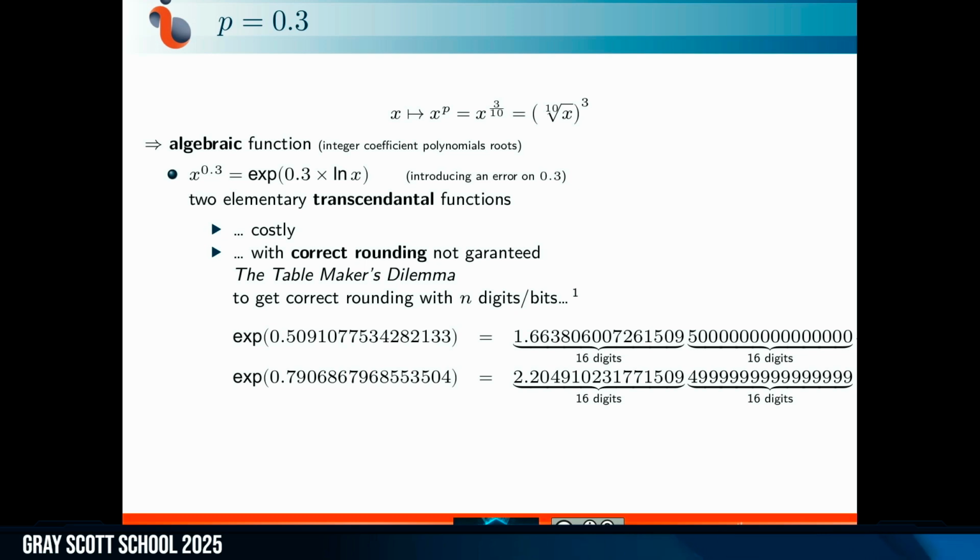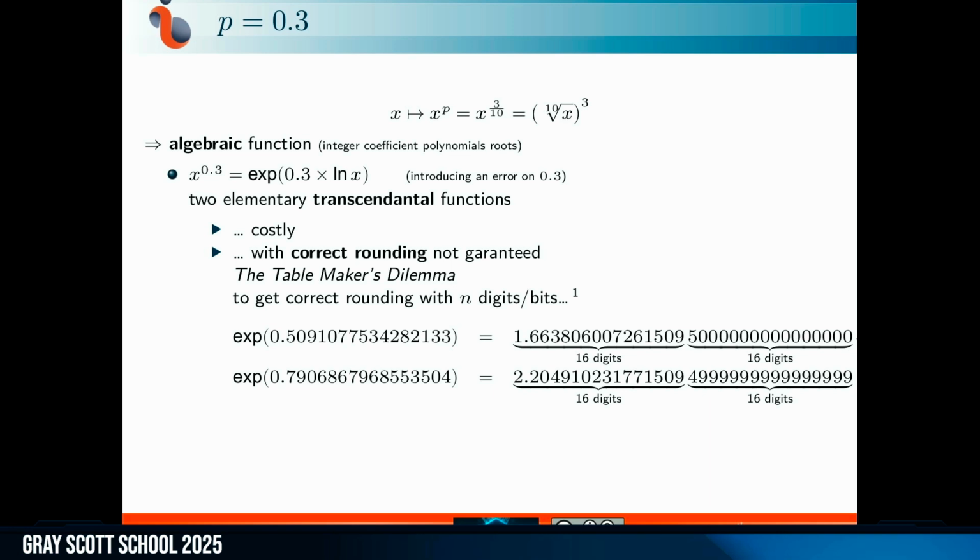They simulated that p equals 0.3 was the best value to reproduce their fit. So 0.3 is a good number for us humans. It's a bad number for the computer, as it has no exact binary representation.